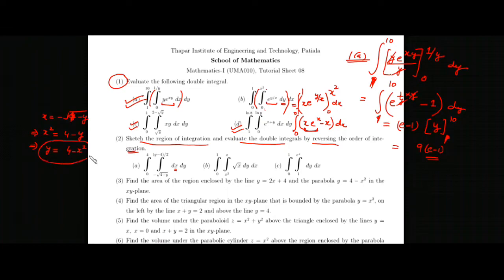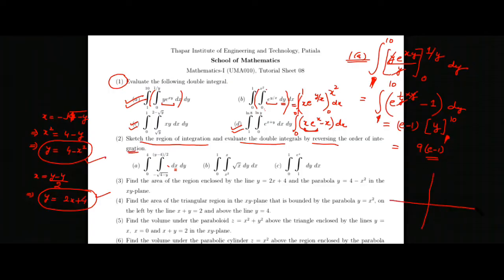So this is a parabola. Similarly, x is equal to (y minus 4) by 2, which implies y is 2x plus 4. This is a line. Right? So first you sketch these two and see what is the region.